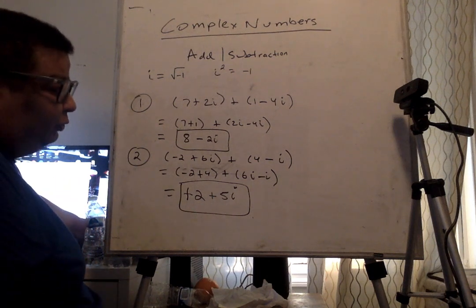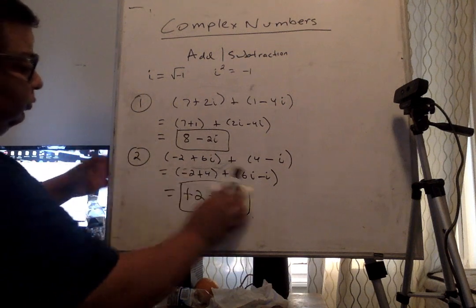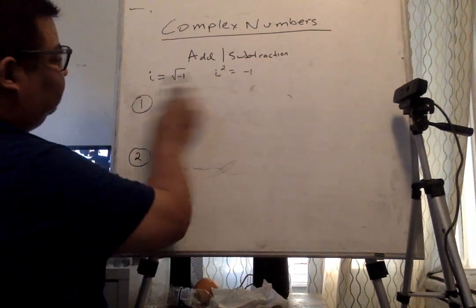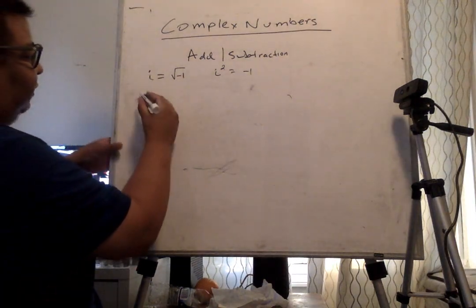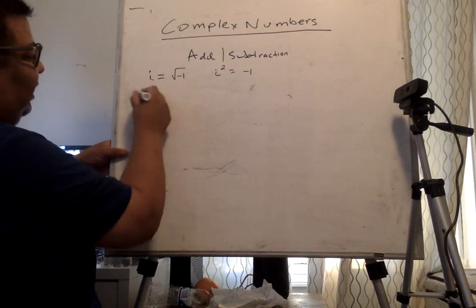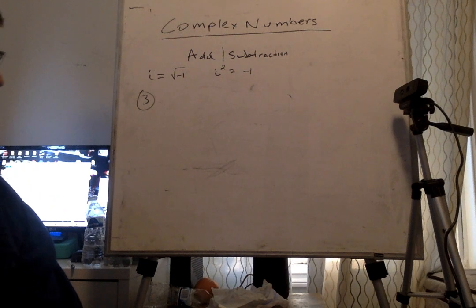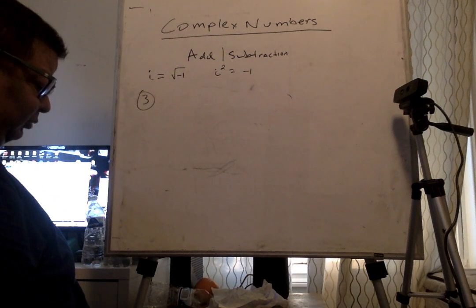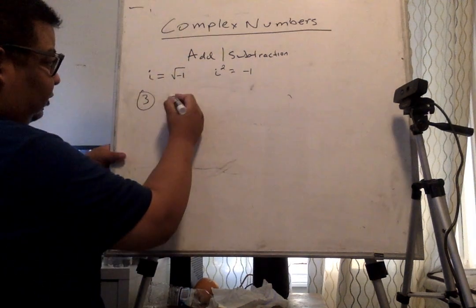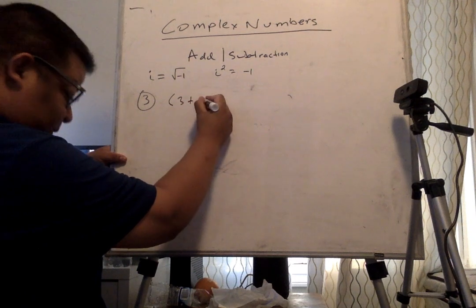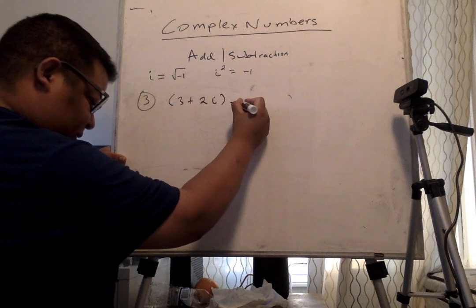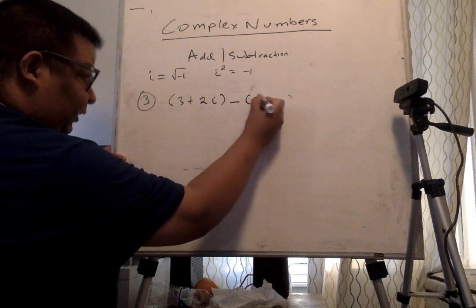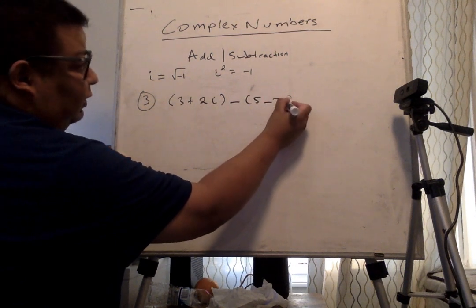Now we're going to look at subtraction. So problem number 3 and 4, those are subtractions. Let's be careful about adding and subtracting numbers, because we can easily get distracted and write the wrong thing. So that would be 3 plus 2i minus 5 minus 7i.